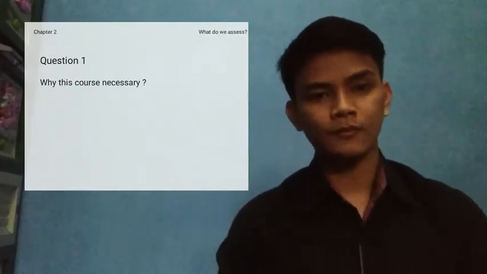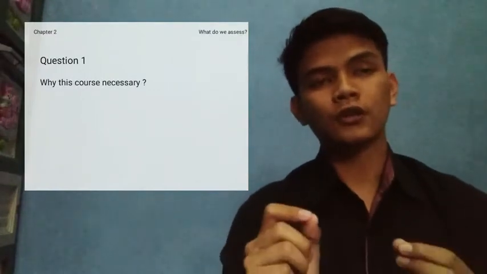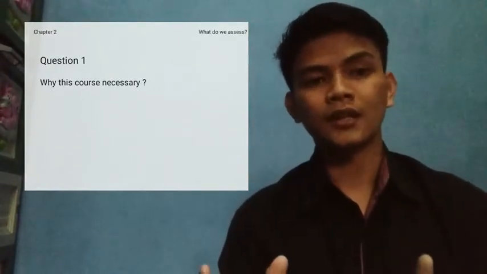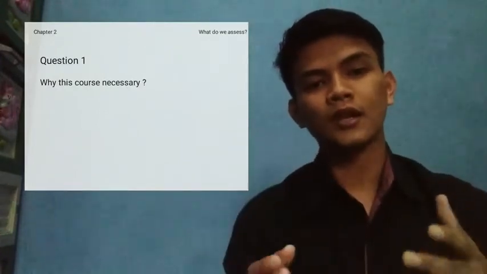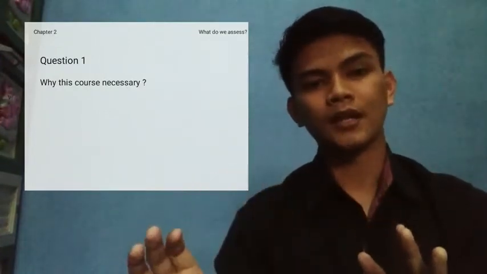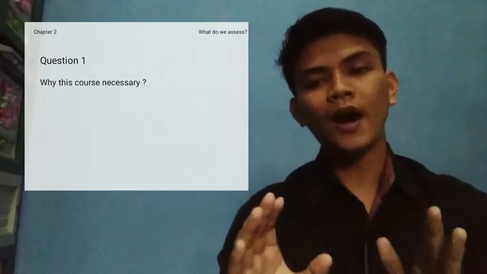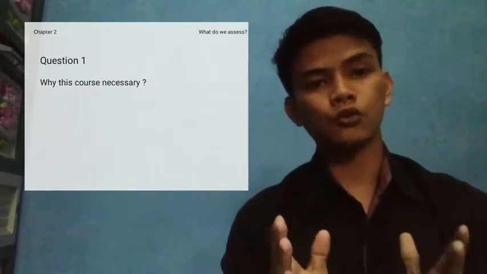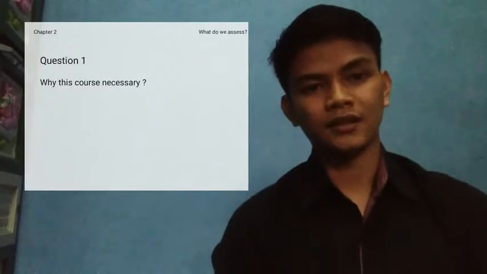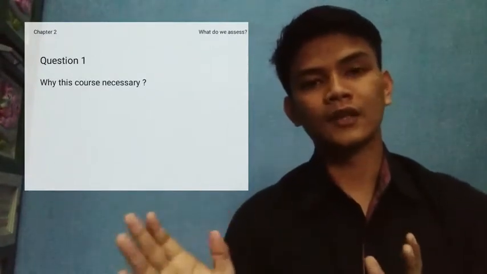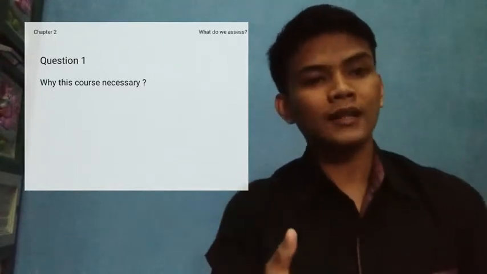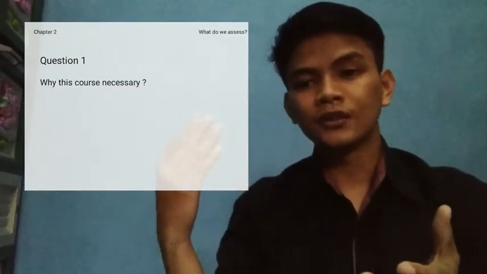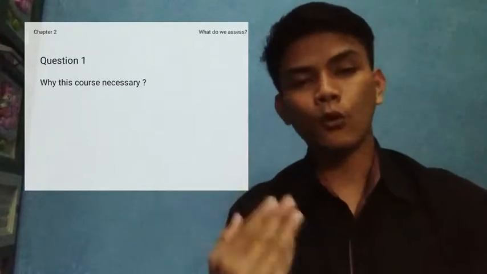For example, if you want to teach speaking, to answer this question, you will talk about the benefit of speaking, and why the students should learn speaking. It is about everything related to your course to show that the course you want to teach is necessary and important.